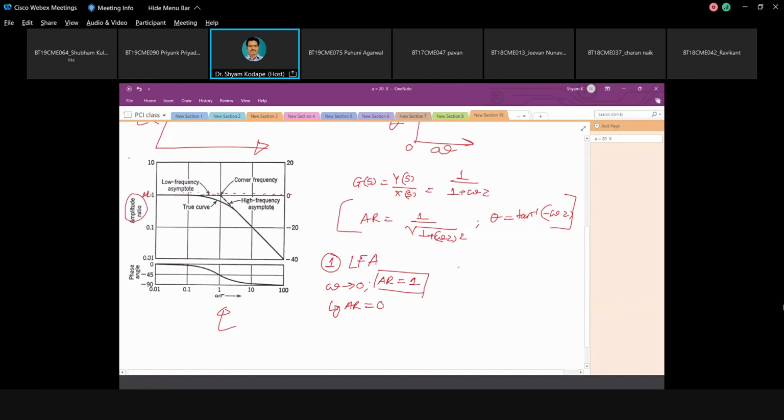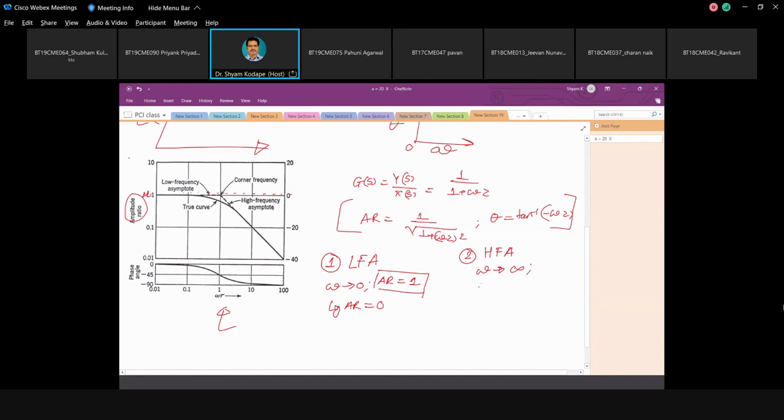Second, we need to identify two asymptotes: the low frequency asymptote and the high frequency asymptote. I would like to draw the high frequency asymptote. For that, I will see what happens if omega tends to infinity.